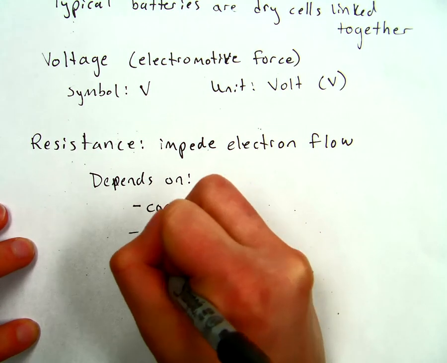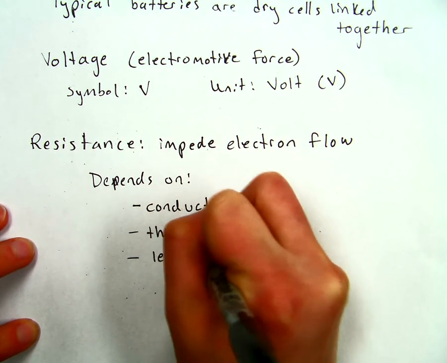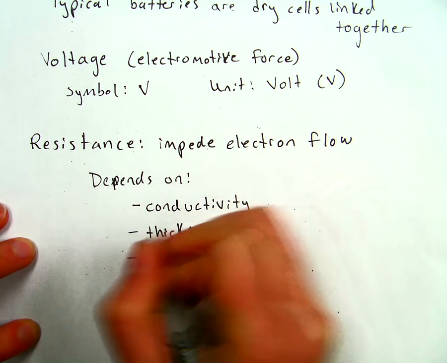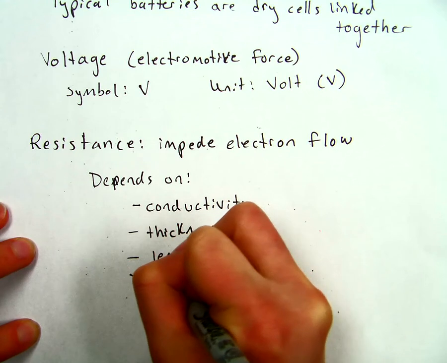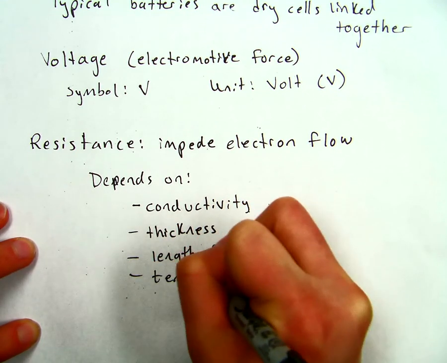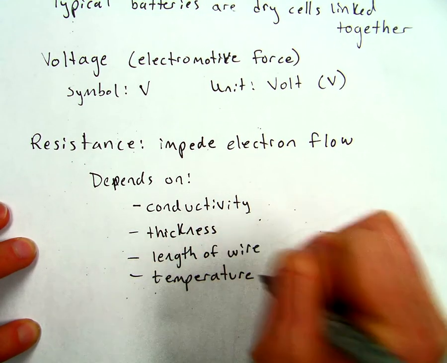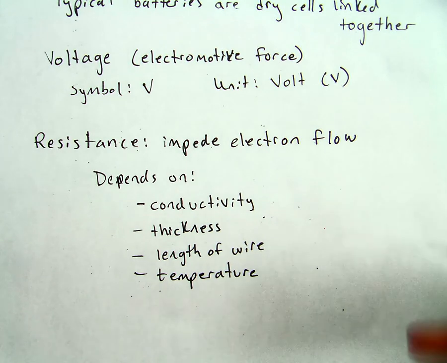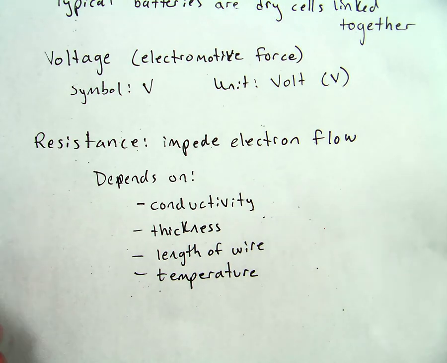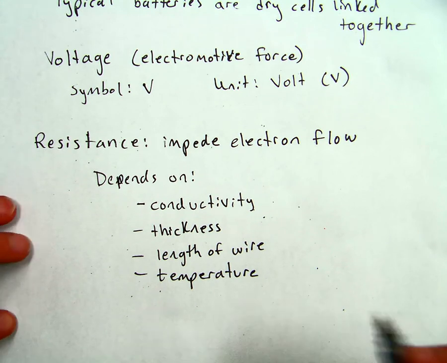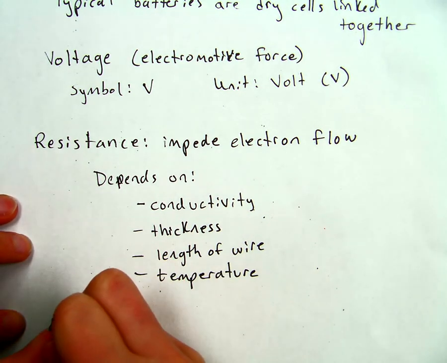We also have the length of the wire and the temperature. The temperature is often associated with light bulbs. Conventional light bulbs are awful at producing a lot of heat, which is why they're very ineffective in the long run. And so we do have a symbol for resistance.